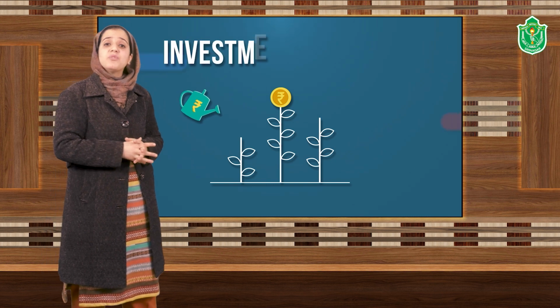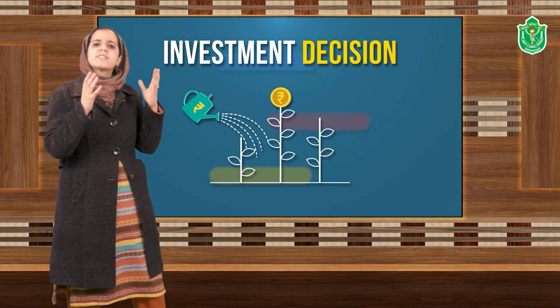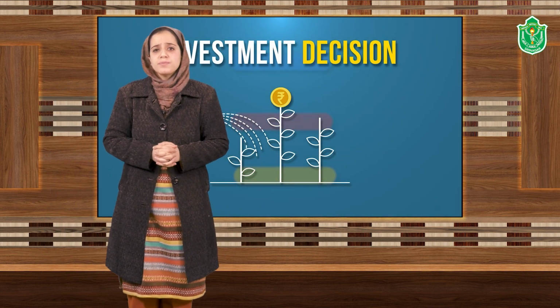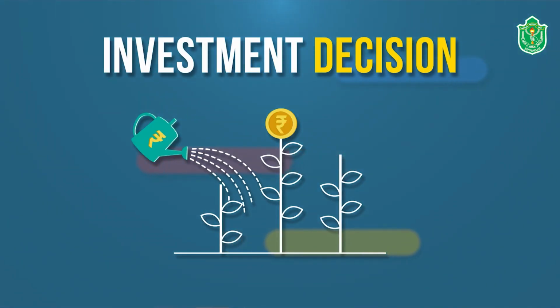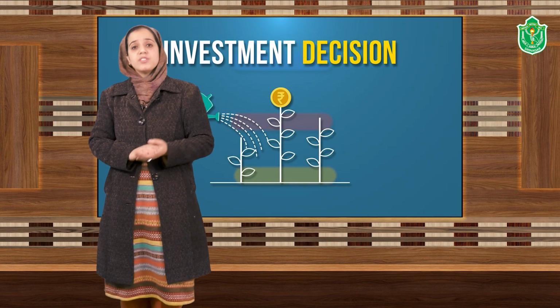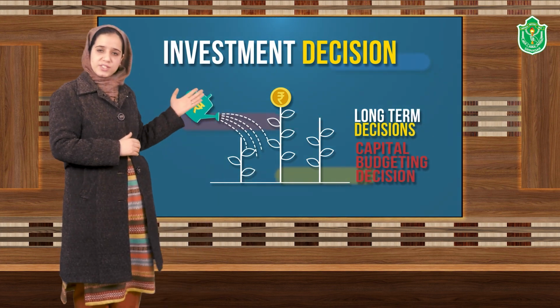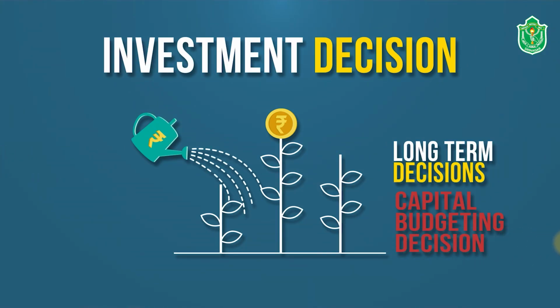What is investment decision? It is related to the firm's decision regarding how to invest the funds in various assets. There are two decisions involved here. The first is the long-term decision, also known as capital budgeting decision, because here a huge amount of funds are invested.